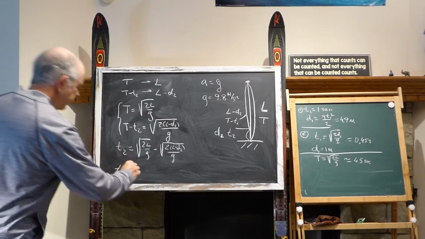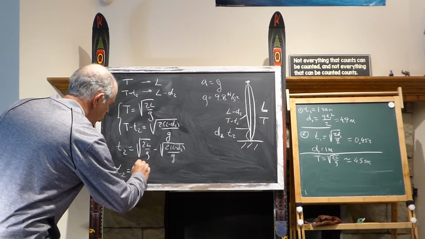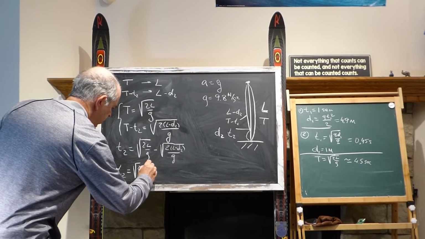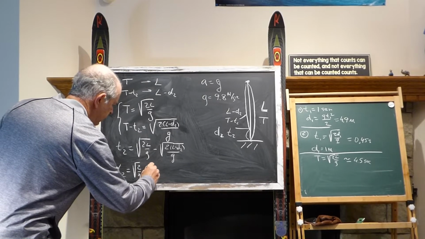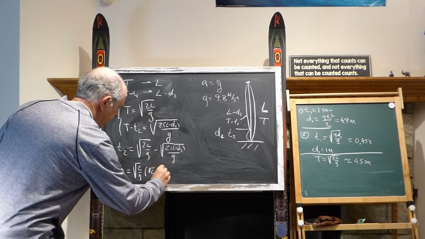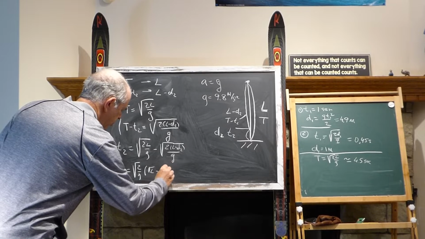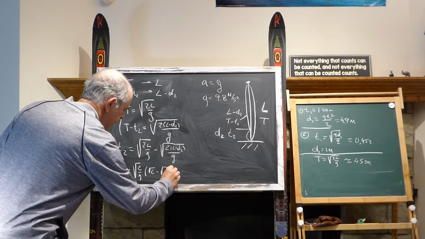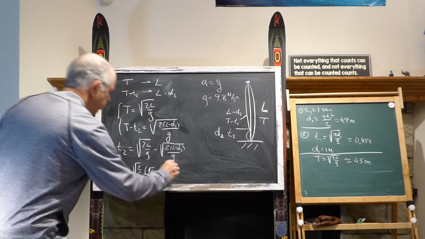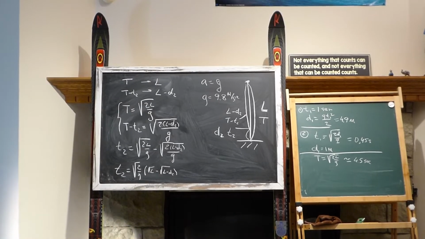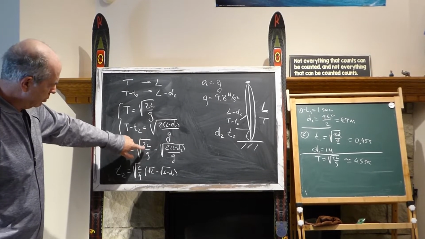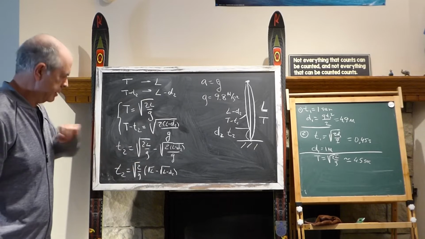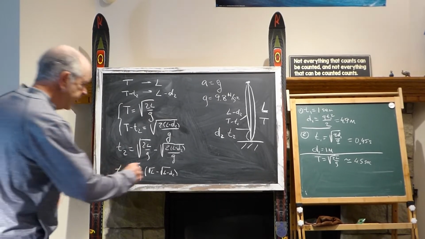So I can factor out T over G, and here I will have the bracket square root of L minus square root of L minus D2, right? Because I factor out this and what is left inside the bracket. And now I do the trick.